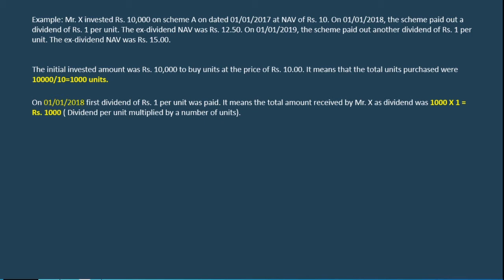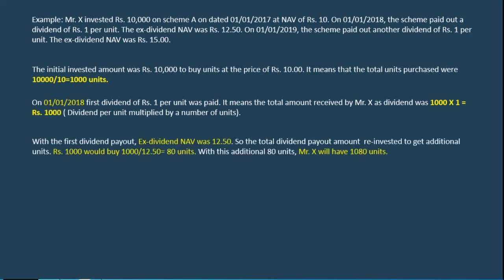With the first dividend payout, the ex-dividend NAV was rupees 12.50. So the total dividend payout amount is reinvested to get additional units. The dividend amount of rupees 1000 would buy 1000 divided by NAV 12.50, equal to 80 additional units.